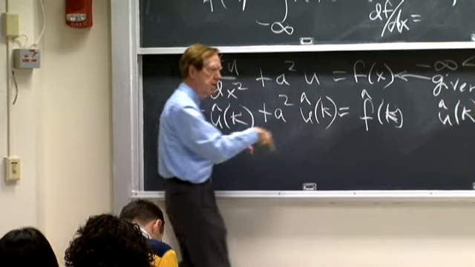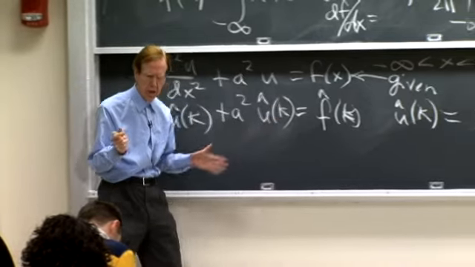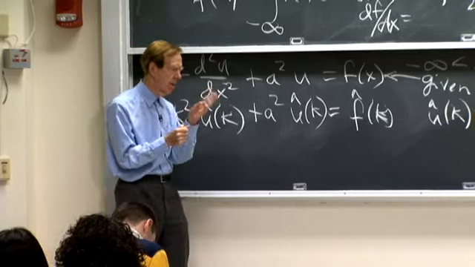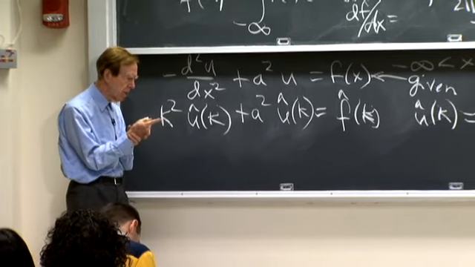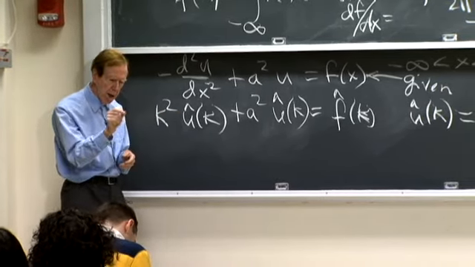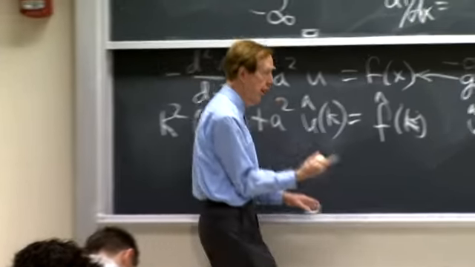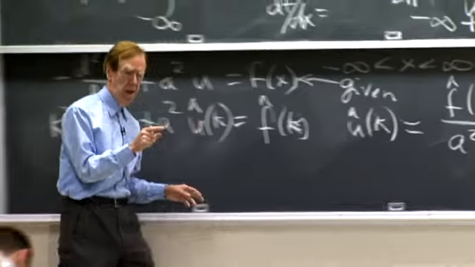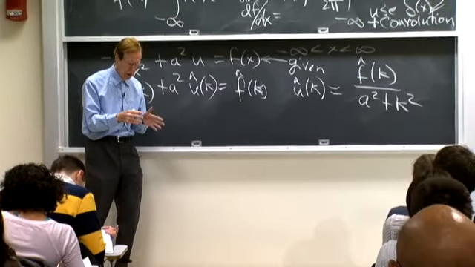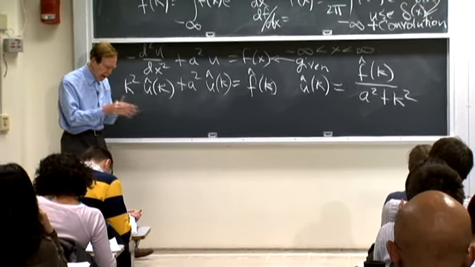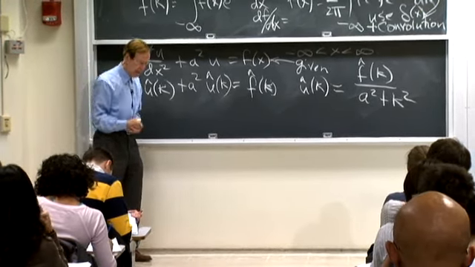The three steps were expand in eigenfunctions, follow each eigenfunction separately. That was the trivial step with just a division, like this division. And then use those coefficients of the eigenfunctions, combine them all back to get the answer, right?